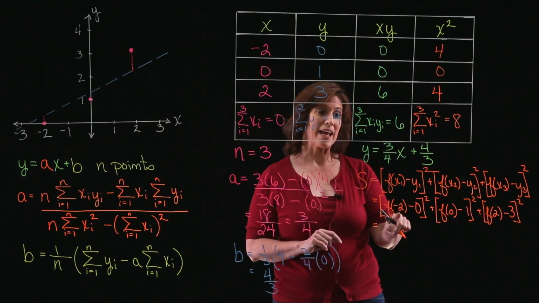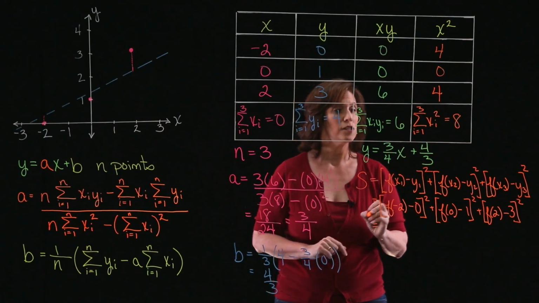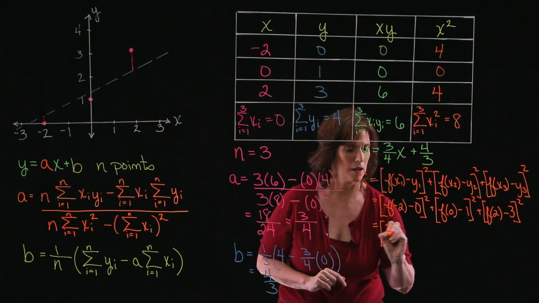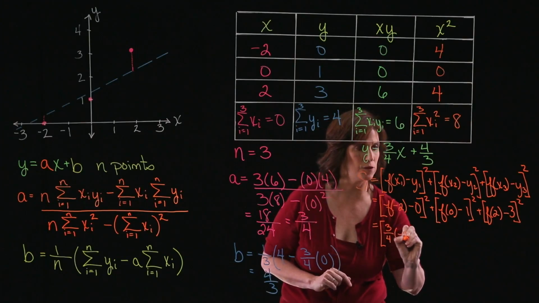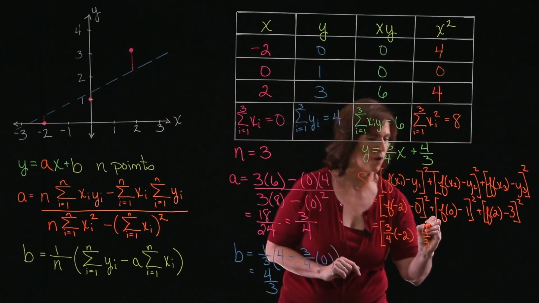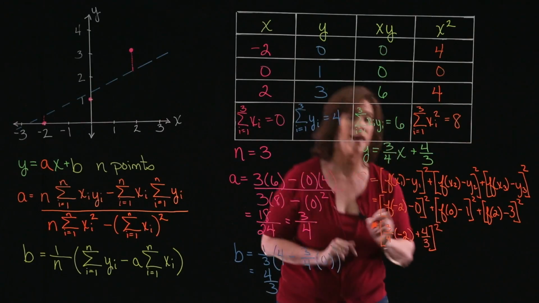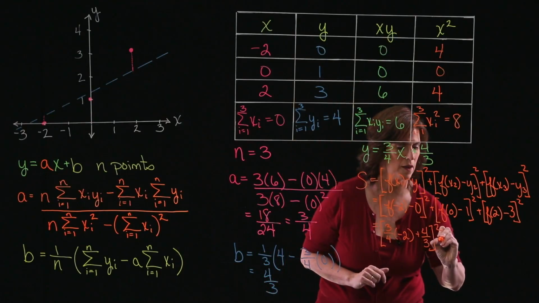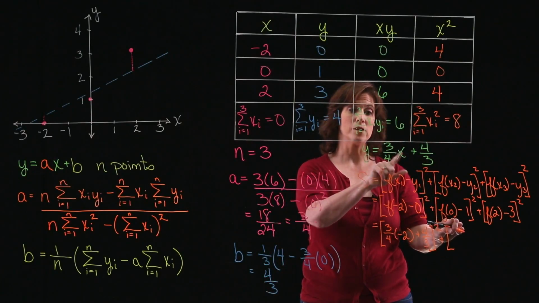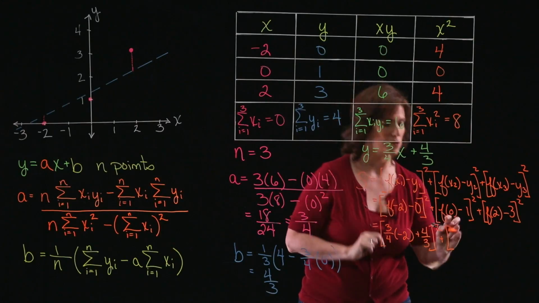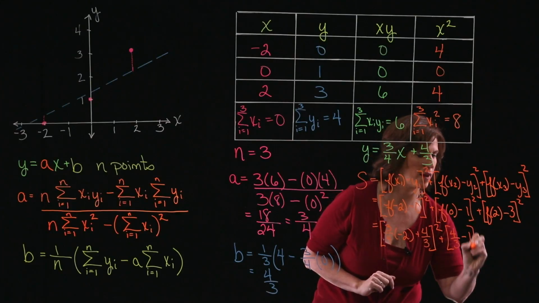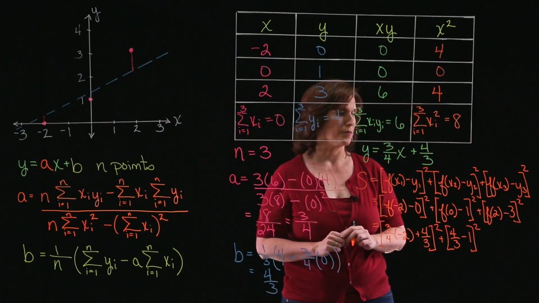So I'll go ahead and plug -2 into my function. So I'll have 3/4 times -2 plus 4/3. Then I'm subtracting 0. So I have that quantity squared. When I plug 0 into my function, I'll have 3/4 times 0 plus 4/3, so that'll just be 4/3, and I subtract 1 and square my result.